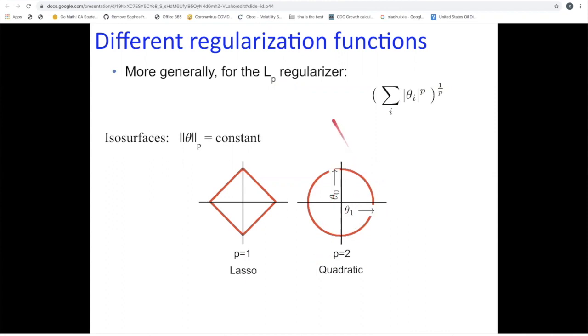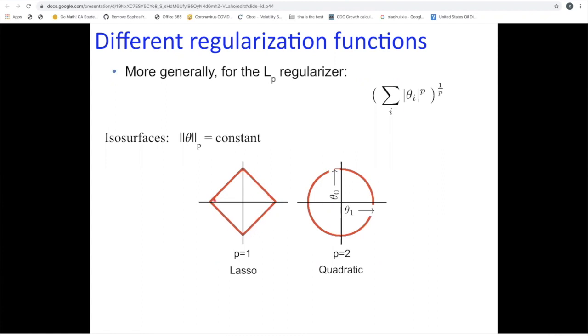But if you choose p equal to 1, this is something called an L1 norm, and the isosurface for the L1 norm is this diamond shape instead of a circle. The reason is this: if you go along these lines here, you can see that the absolute values of theta 0 and theta 1 add up to 1.